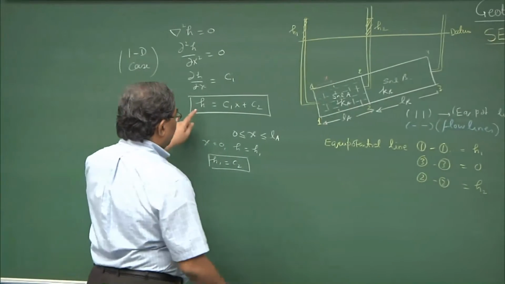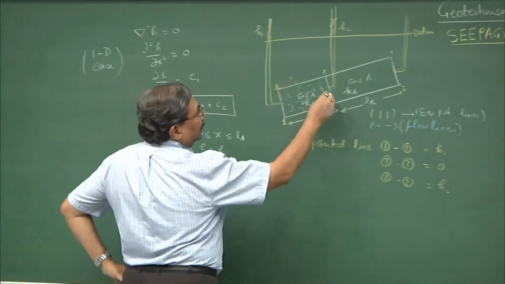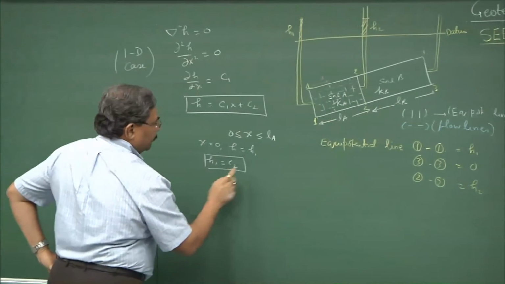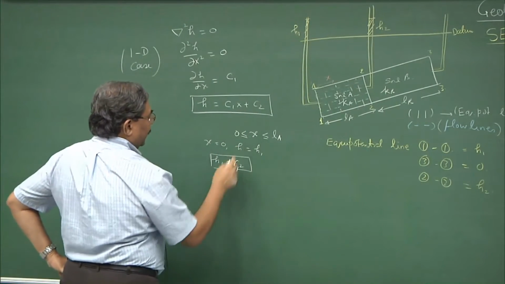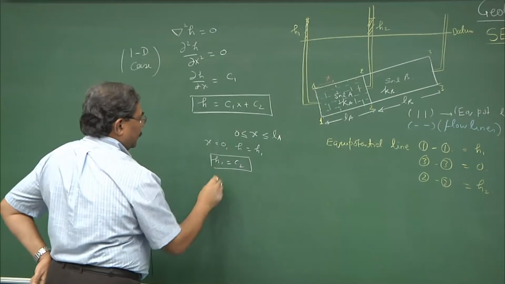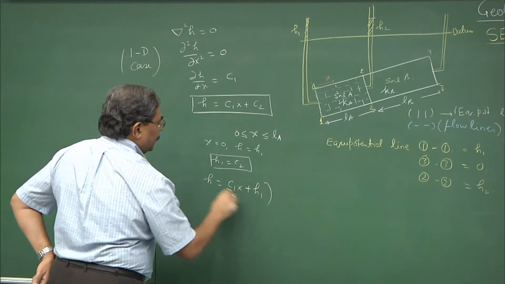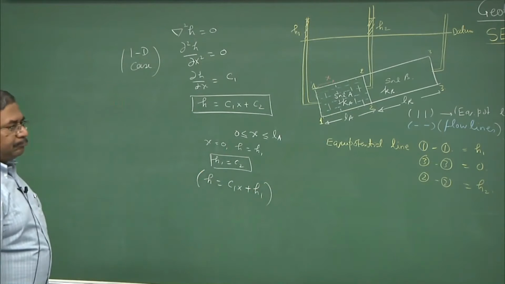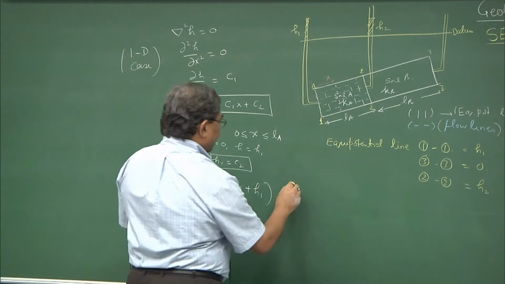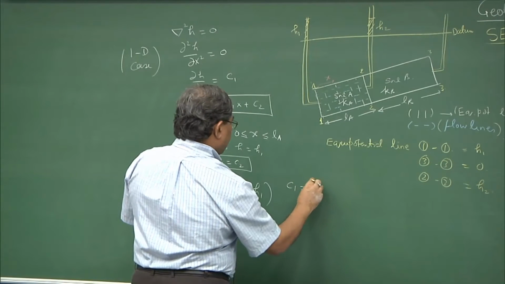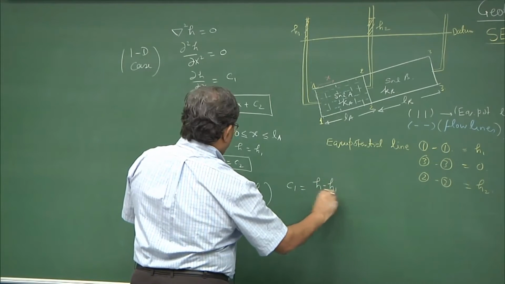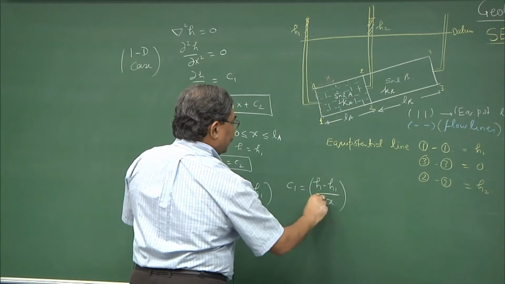Now, suppose I say that H, if this function is done, I can substitute the value of H1 and C2. So, H is equal to C1 x plus H1. So, basically C1 comes out to be (H minus H1) over x.